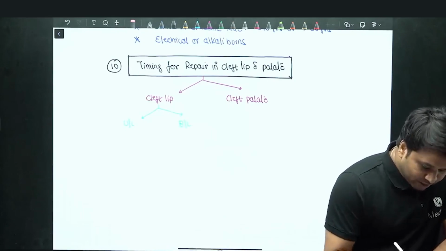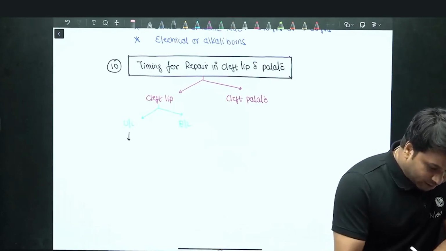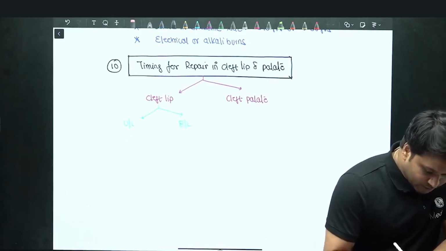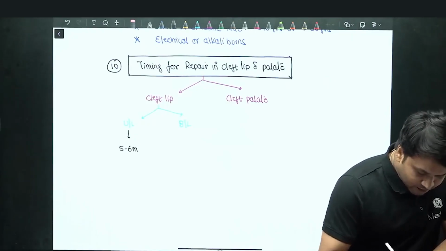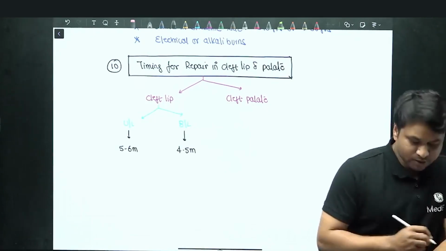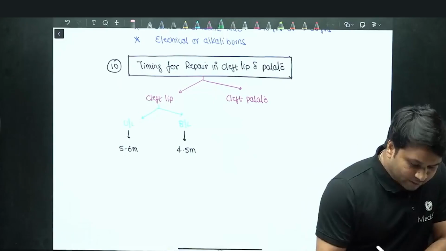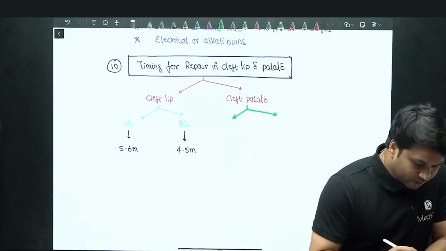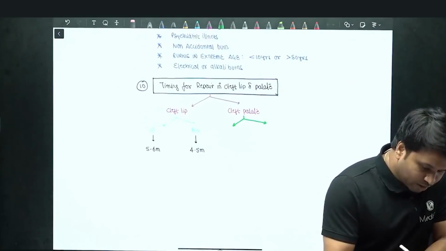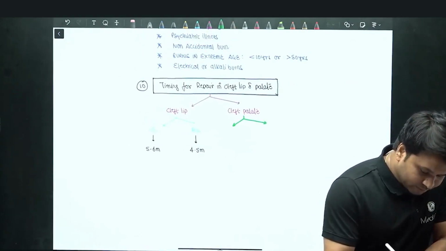If it is a unilateral cleft lip, the timing for repair is 5 to 6 months; the age of the baby should be 5 to 6 months. If it is bilateral, a month shorter, that is 4 to 5 months. In the cleft palate, I will see whether it is a soft or hard palate, whether it is a soft palate repair or a hard palate repair.